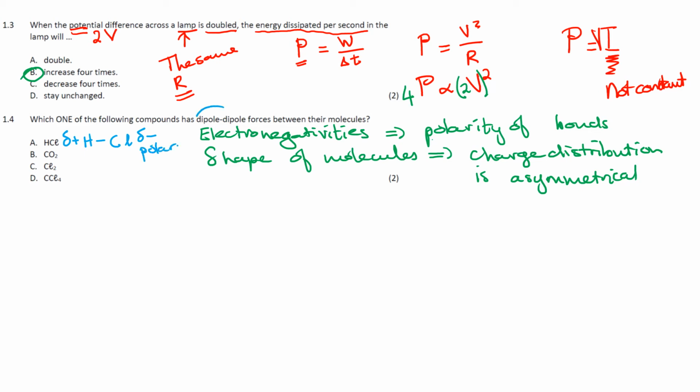If it's a polar molecule, there will be dipole-dipole forces between the molecules. Carbon dioxide is linear, like hydrogen chloride, but the charge distribution on the molecule would be symmetrical. So this is non-polar. Chlorine would be non-polar as well.